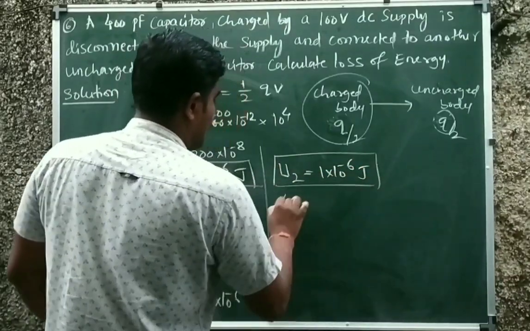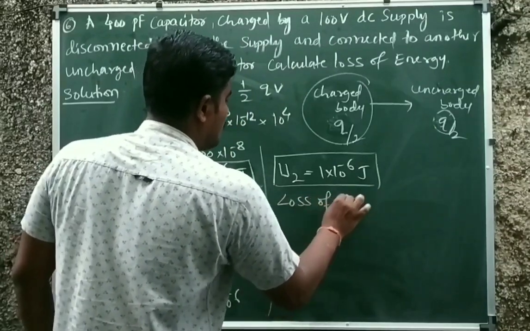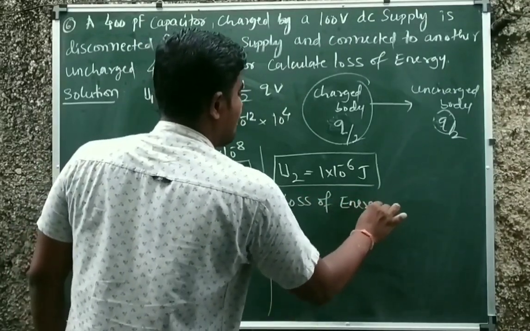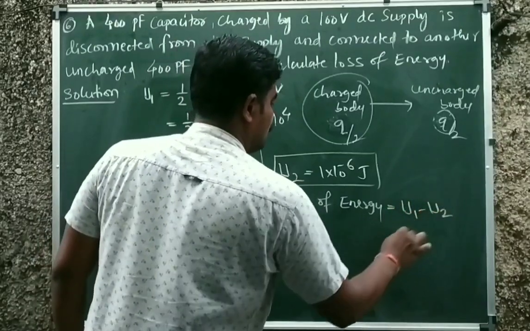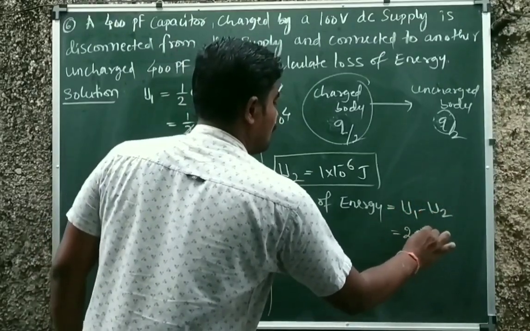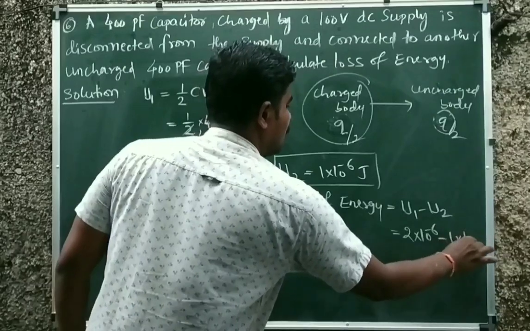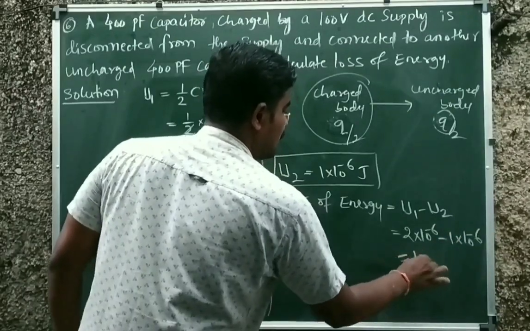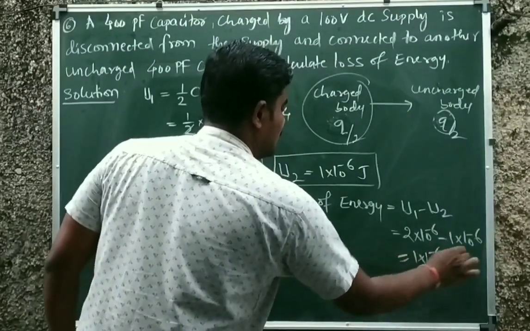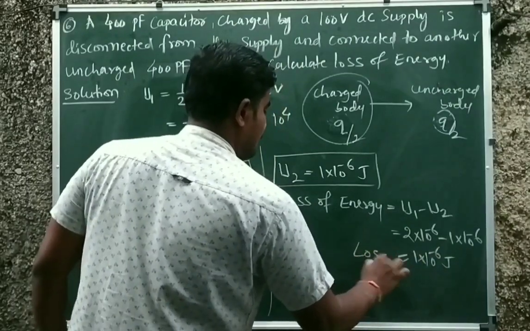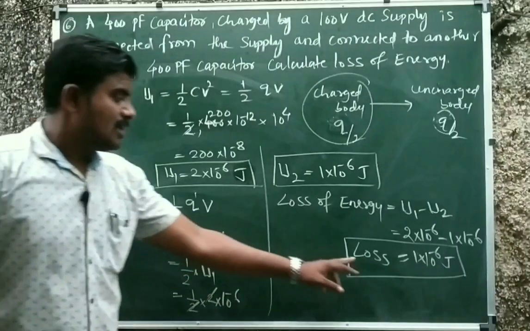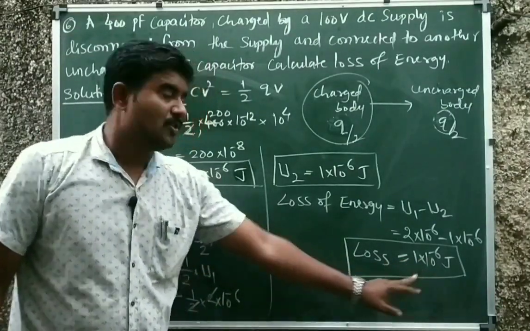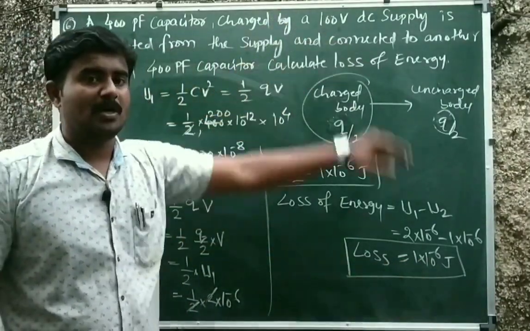And the loss of energy is equal to U1 minus U2. U1 is 2 into 10 to the power minus 6, U2 is 1 into 10 to the power minus 6, therefore 1 into 10 to the power minus 6 joule is the loss. So this amount of energy is lost when a charged body is connected to an uncharged body.